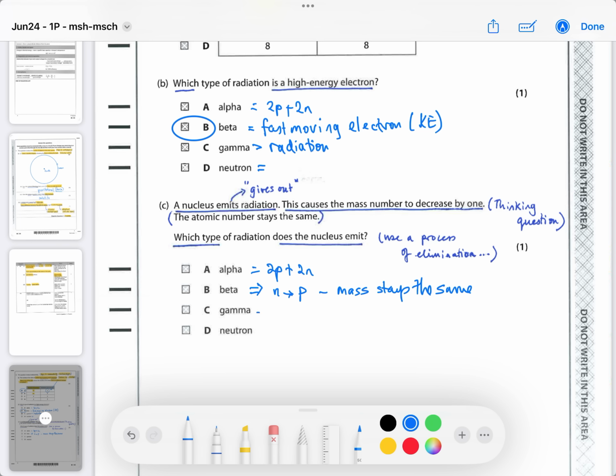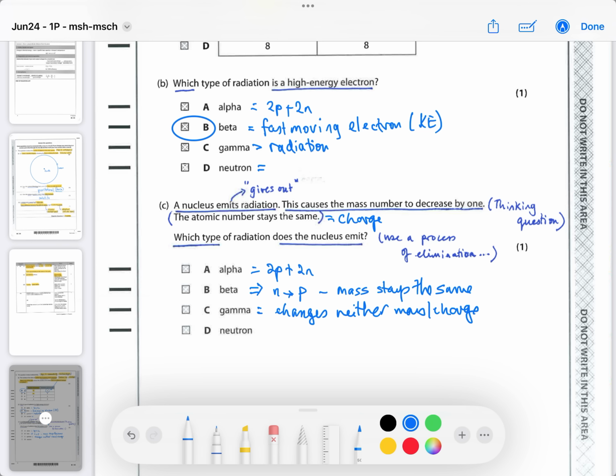And gamma is not a particle, so it doesn't change either. It changes neither mass nor charge. And charge, atomic number, is equal to the charge.